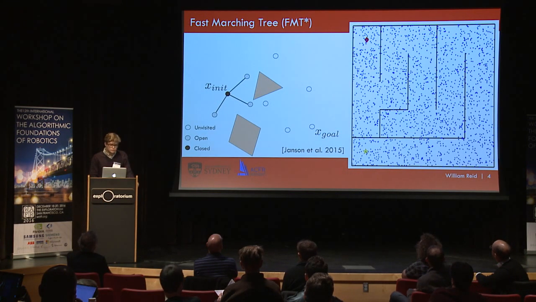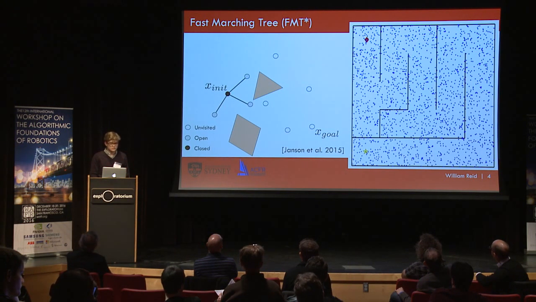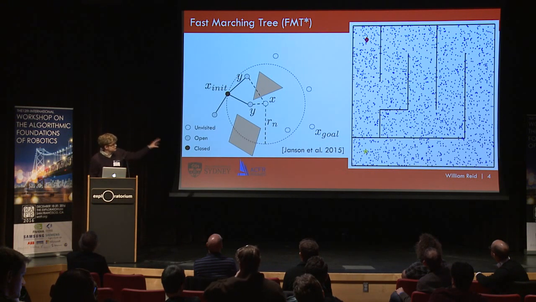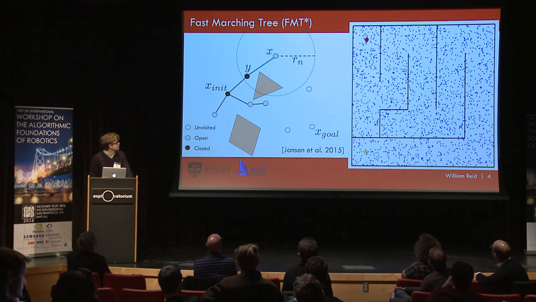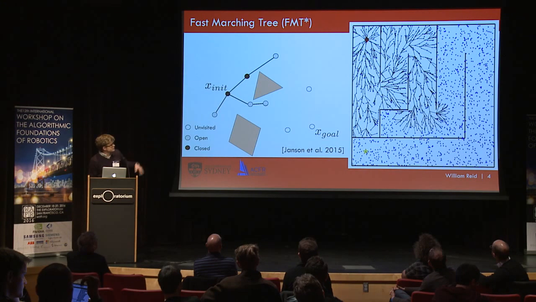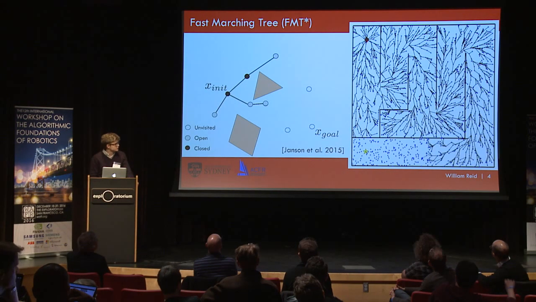So we build upon the fast-marching tree star algorithm, which incrementally expands a series of sets. And like PRM star, it initially samples a large number of nodes within, in this case, an R2 space. And like an RRT star algorithm, attempts to build a tree through the space. So we use this one expansion to formulate a tree such as this.